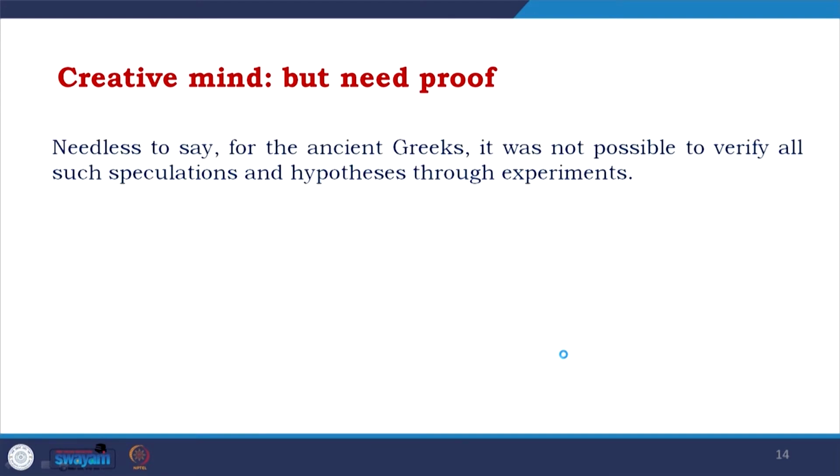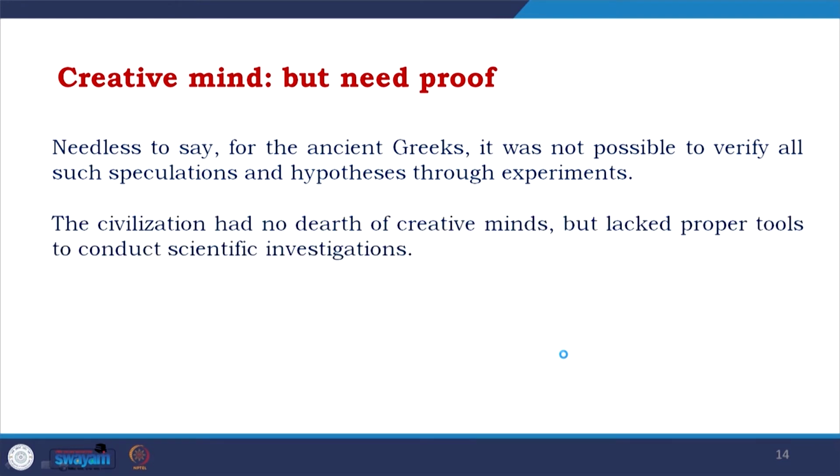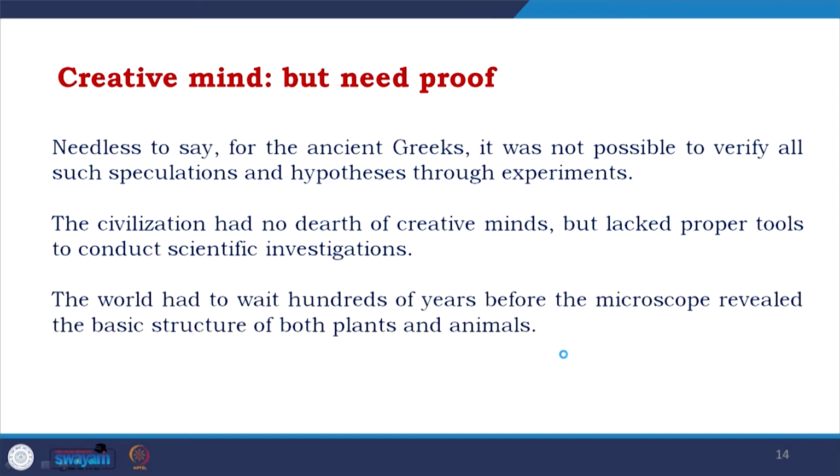So, they did a lot of initial observations and made hypotheses, and some of them, as I told already, are still valid. But it was not possible for them to verify all such speculation and hypotheses through experiments. The civilization had no dearth of creative minds, as we have seen already, but lacked proper tools to conduct scientific investigations.